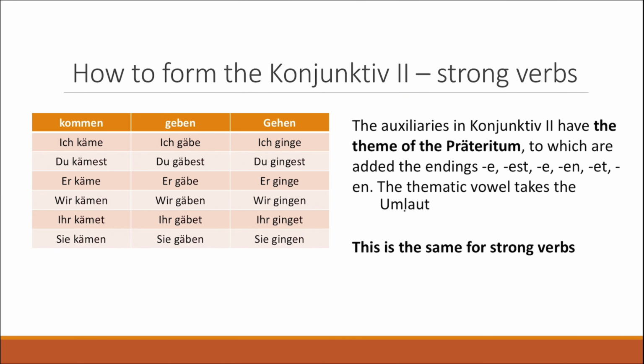So you're simply taking the Präteritum, you're changing the stem vowel, so it's taking the umlaut, whether the stem vowel is an A, an O, or a U, and then you're adding the corresponding endings at the end. So this is also the same for strong verbs.